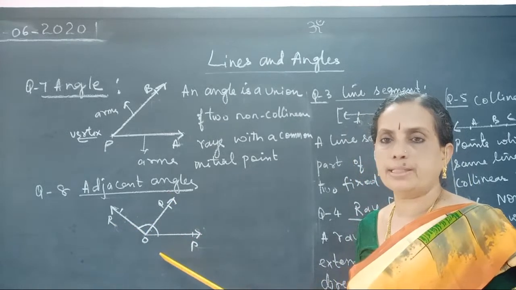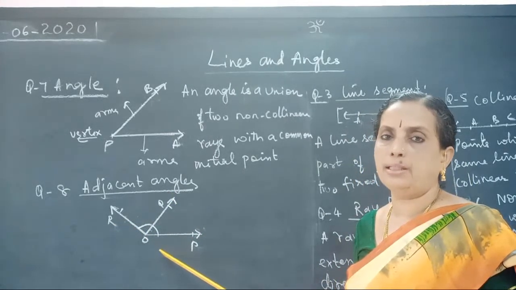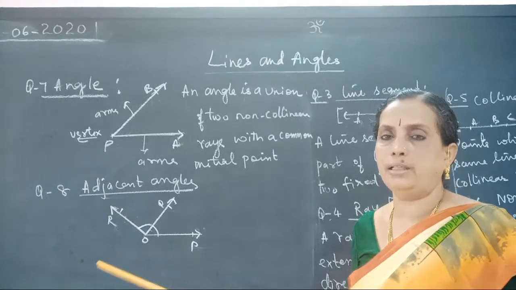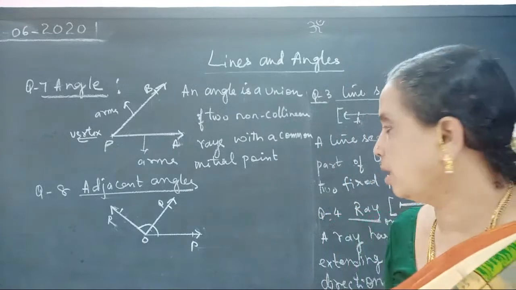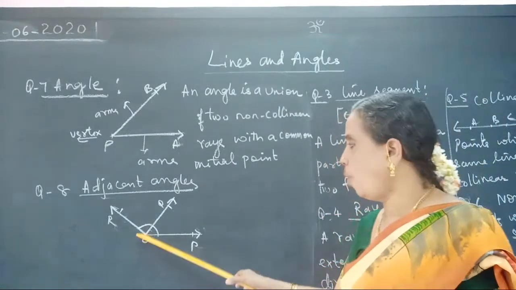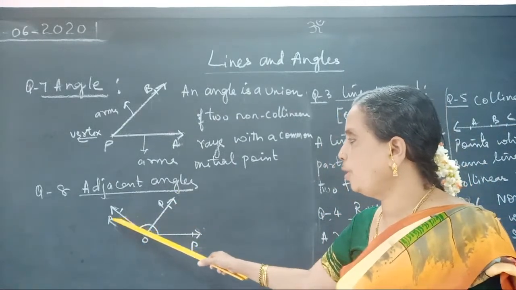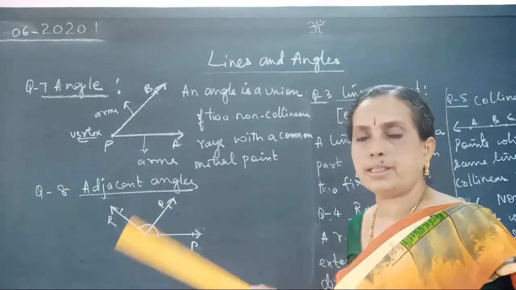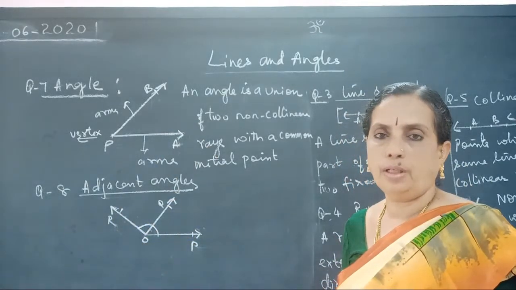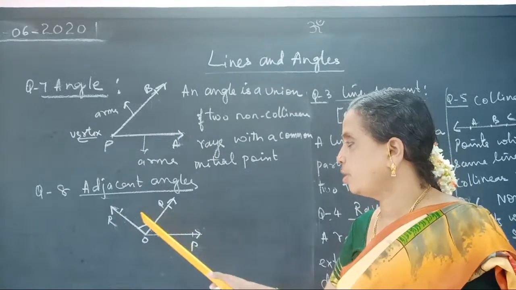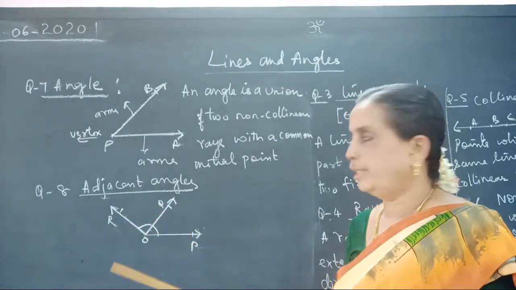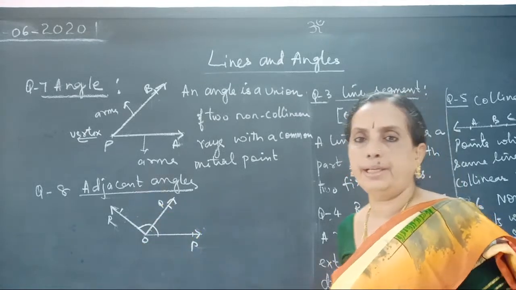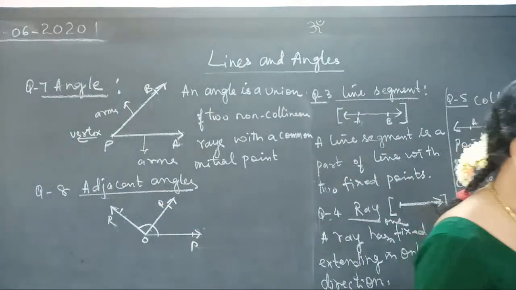Adjacent angles have the common vertex, a common arm and non-common arms on either side of the common arm. Clear? Take the figure under the heading, then write the definition.